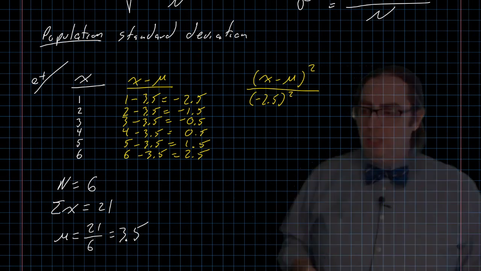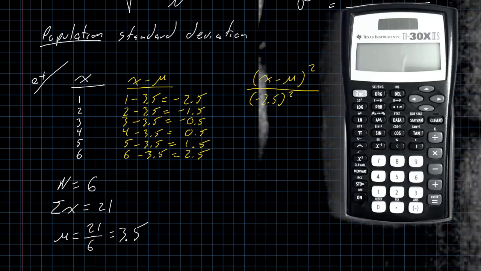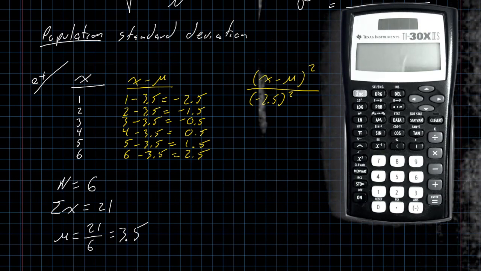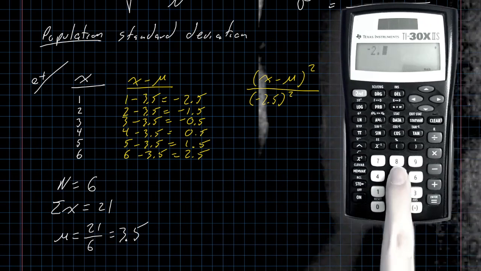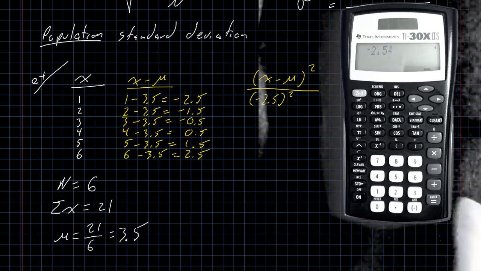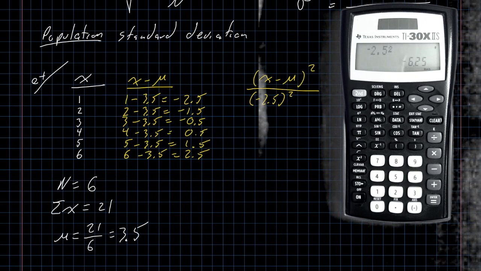And yet, if I jump over to my calculator and I try to put in negative 2.5 squared, my calculator tells me the result is negative 6.25. And the reason is that calculators are making a mistake compared to humans in the order of operations. It is a flaw in how calculators are programmed, and nearly every calculator is programmed this way.